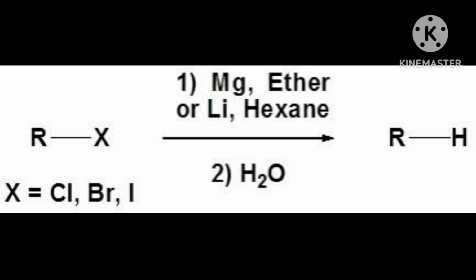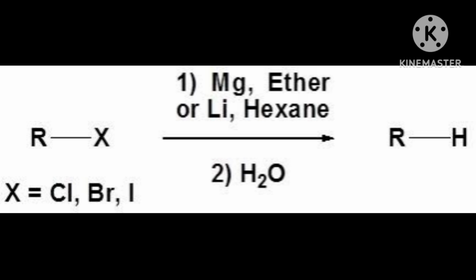Substitution means SN1 and SN2, and elimination means the other reaction. Whichever reaction takes place easily, that reaction will come first, and that will be the major product, because a chemical reaction is the result of competition.